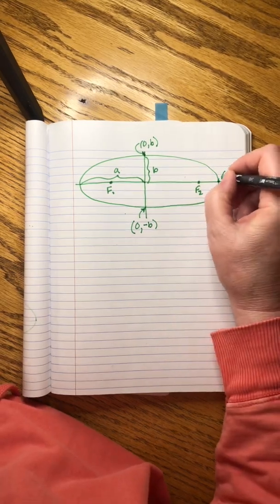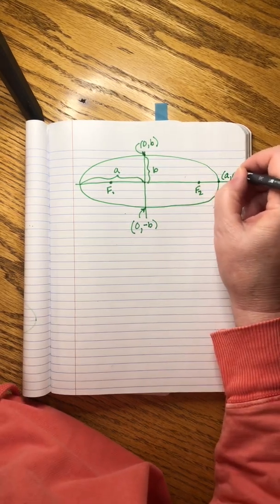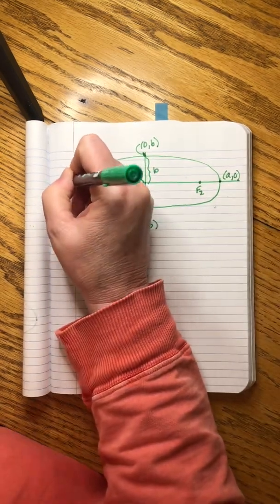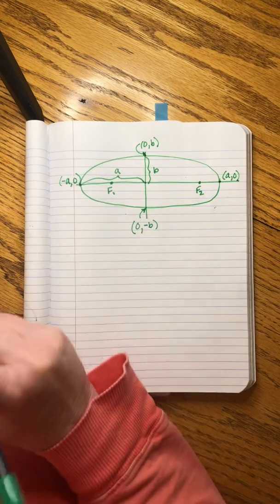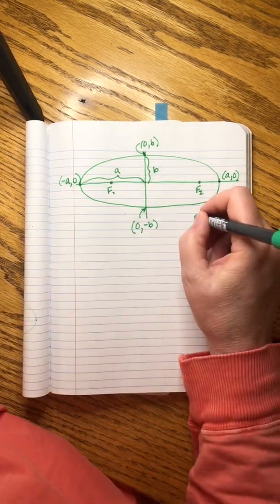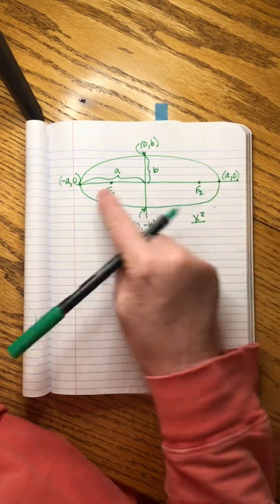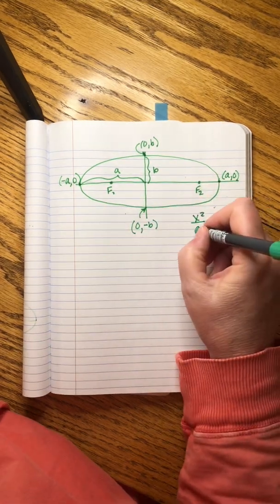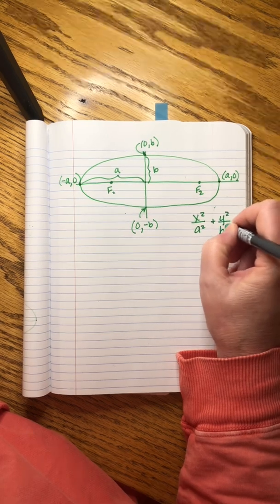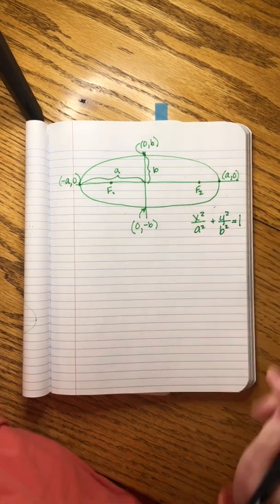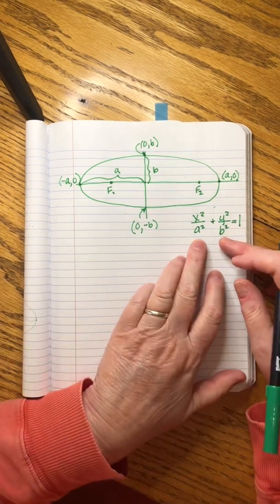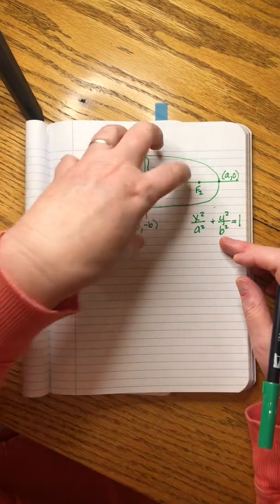Accordingly, this point here is a, 0, and this point here is negative a, 0. Make sense? And then again, our formula for this one would be x squared. X is the axis that's longer, so that gets the a.